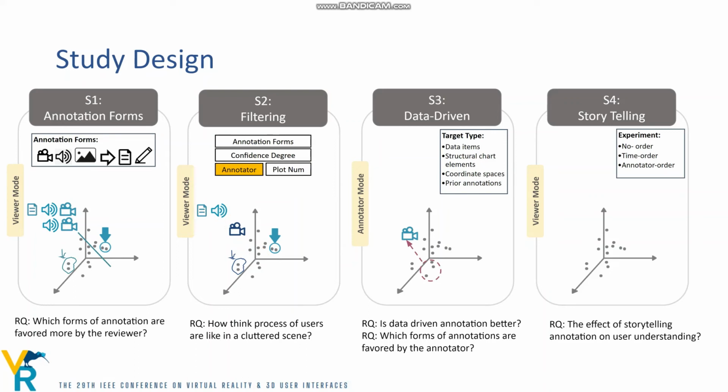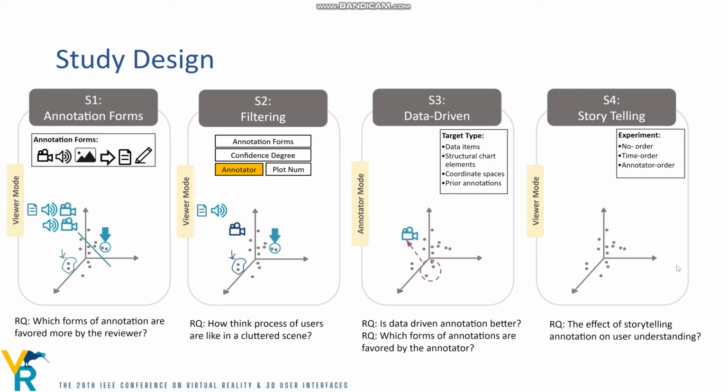And then in the third study, we want to evaluate a data-driven technique in annotator mode, meaning users need to allocate each generated data annotation to a specific target, such as data items, axes, prior annotations, and so on. In the fourth study, we want to investigate the effect of storytelling annotation on user understanding.